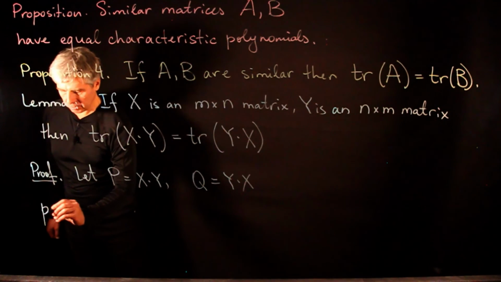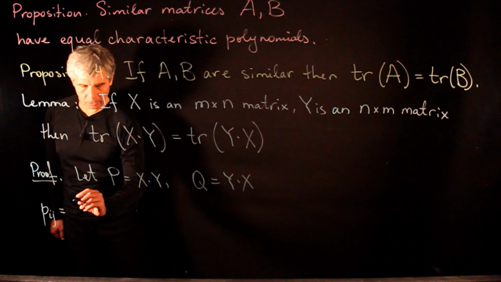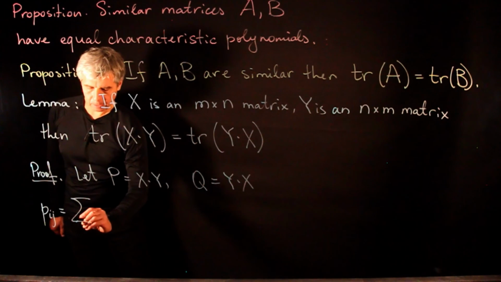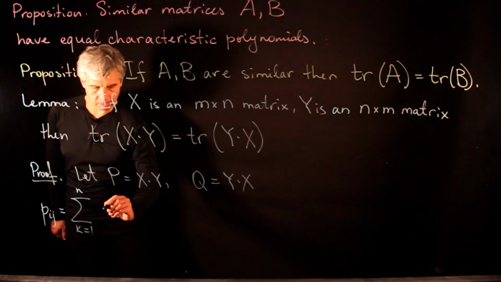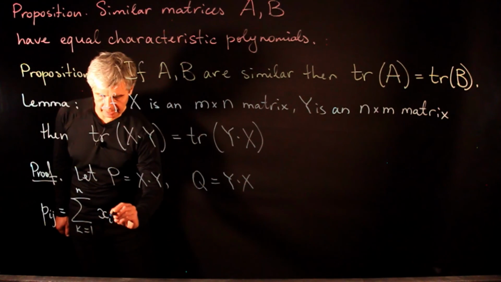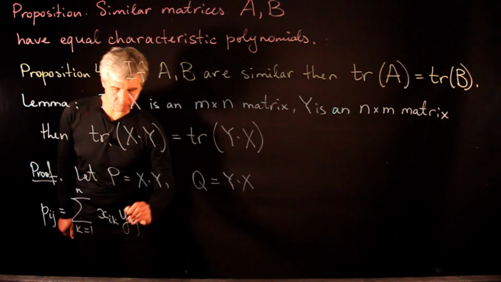Then what is the entry P_ij? The entry P_ij is going to be the sum, k goes from 1 to n, of x_ik times y_kj.